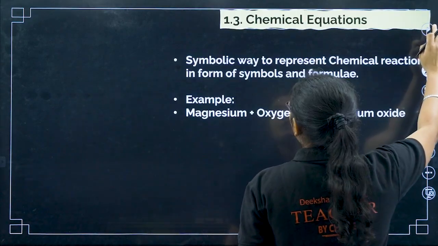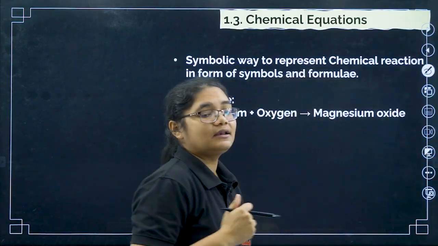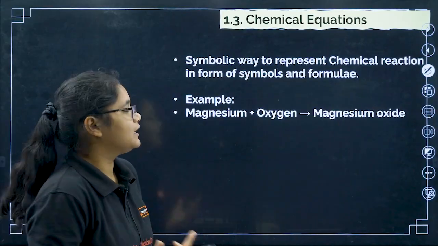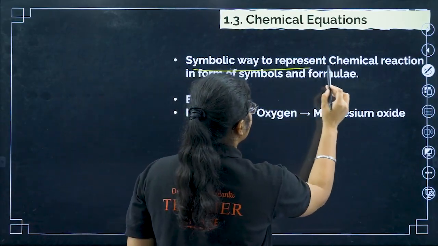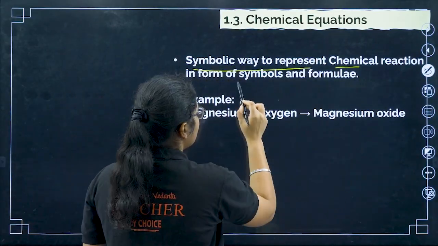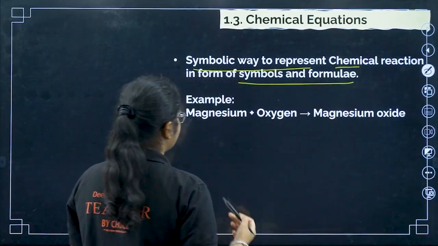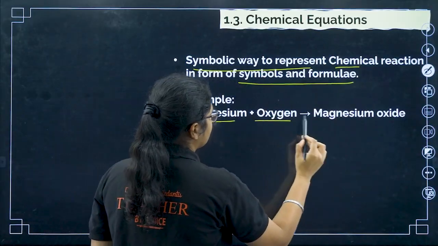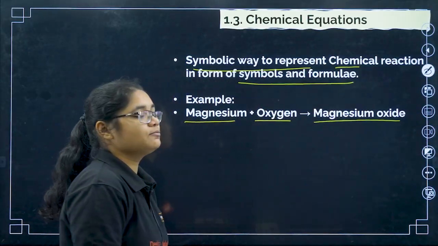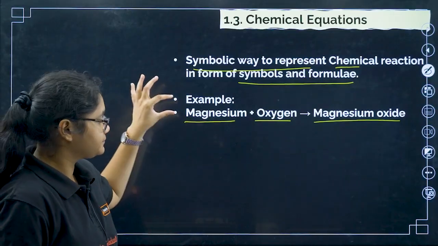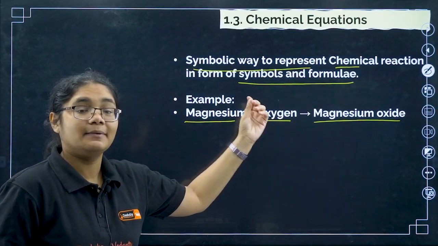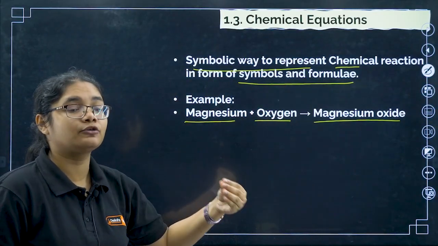Now we will talk about what you mean by a chemical equation. A chemical equation is a symbolic way to represent a chemical reaction in the form of symbols and formulas. For example, if I say magnesium reacted with oxygen to give magnesium oxide, this is a chemical reaction, but in an equation we have to use symbols.